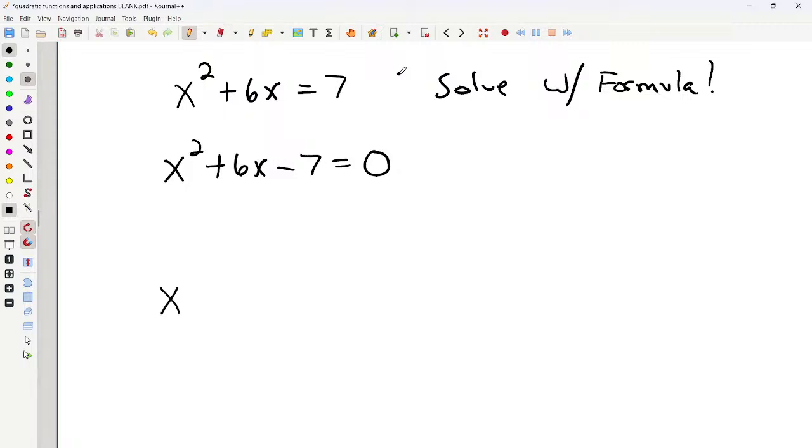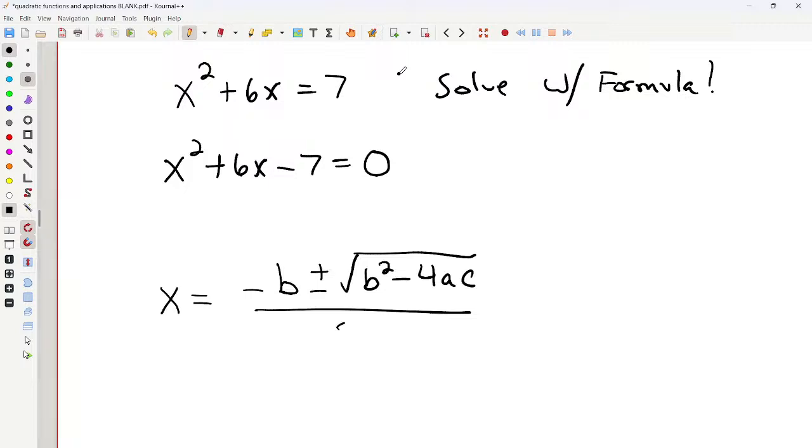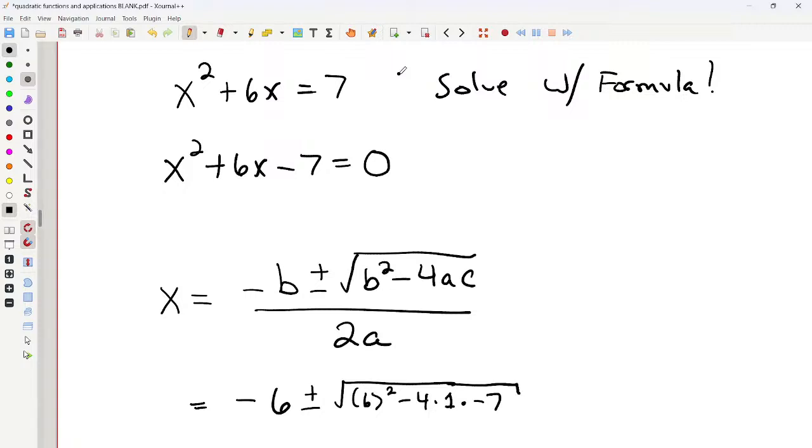And then the formula says take x equals the opposite of b, plus or minus the square root of b squared minus 4ac, all divided by 2a. So we get negative 6 plus and minus the square root of 6 squared minus 4 times 1 times negative 7, all over 2 times 1.